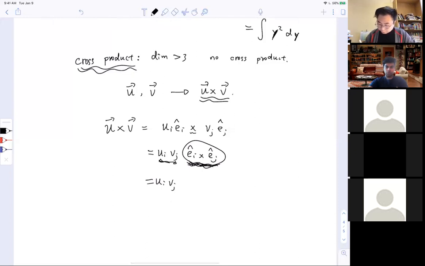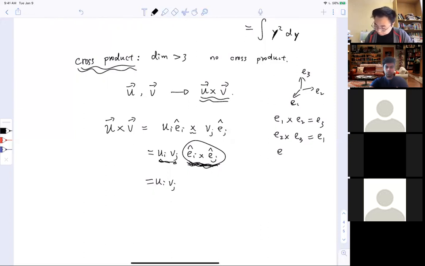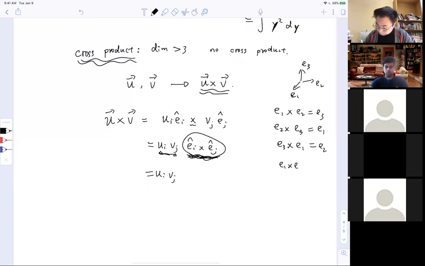We know that e1 cross e2 equals e3, assuming e1, e2, e3, something like that. So e2 cross e3 equals e1. If you cycle those indices, e3 cross e1 equals e2, right? And also e1 cross e1 equals 0, e2 cross e2 equals 0.